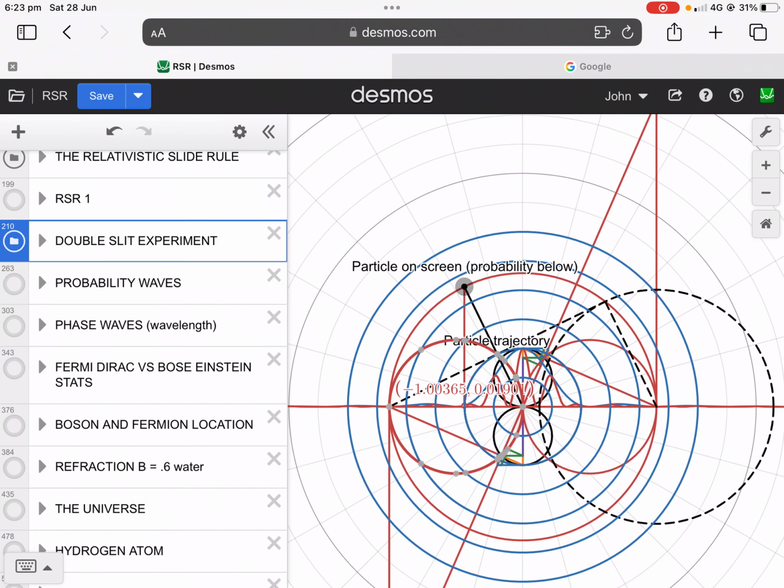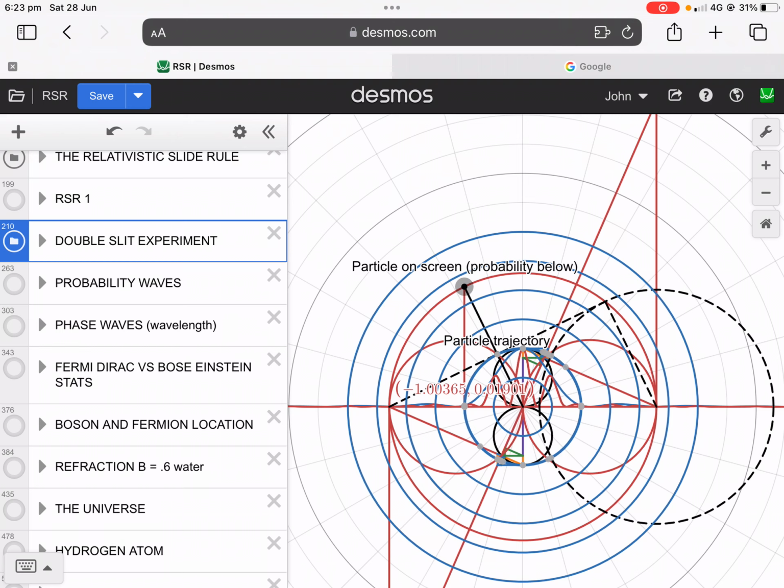So in this case it's allowed on that intersection of the red T function with the blue quantum level, let's call it, or whatever.